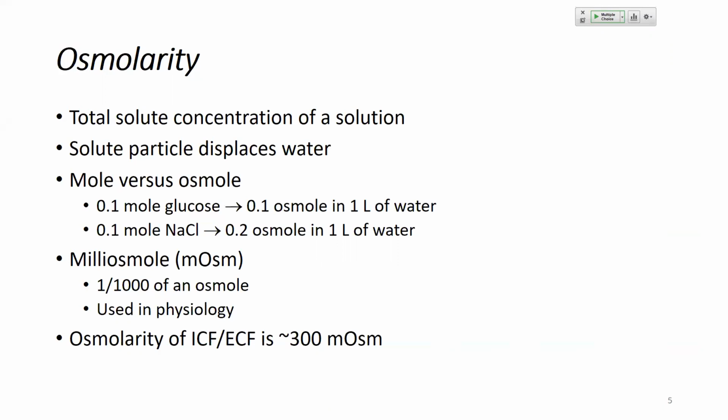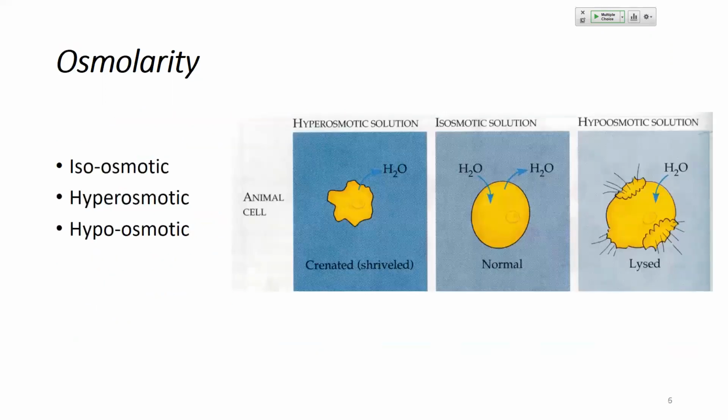And so the standard osmolarity of our intracellular fluid and our extracellular fluid is 300 milliosmoles per liter of water. And all that means is that there are 300 moles of particle dissolved in 1 liter of our body fluid. And that's osmolarity.